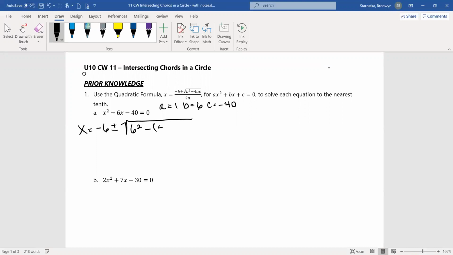So it's going to be 4, A is 1, C is negative 40, and all of that over 2 times A, which is 2 times 1. And then put that in. We've got x equals negative 6 plus, now I'm going to break this into two equations where it's opposite B plus and opposite B minus.